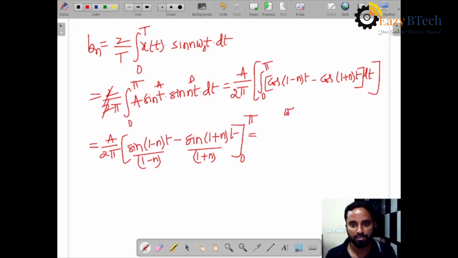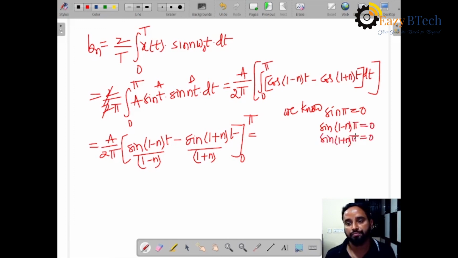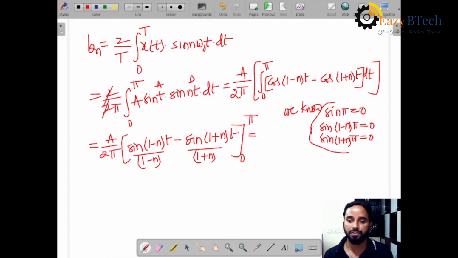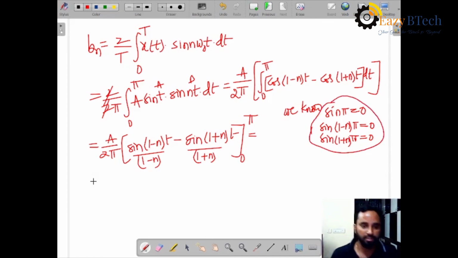Actually we know that sine n pi is equal to 0. So sine 1 minus n pi is also 0. Sine 1 plus n pi is also 0. Right? Any integer pi, sine 1 pi, sine 2 pi, sine 3 pi, 1 minus n pi, 1 plus n pi, zeros.